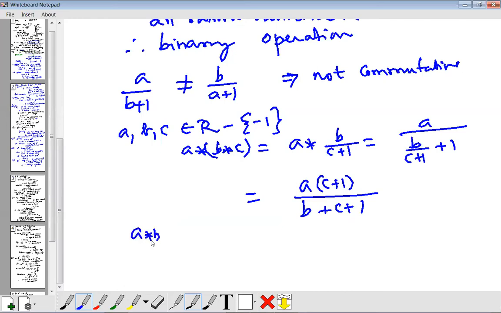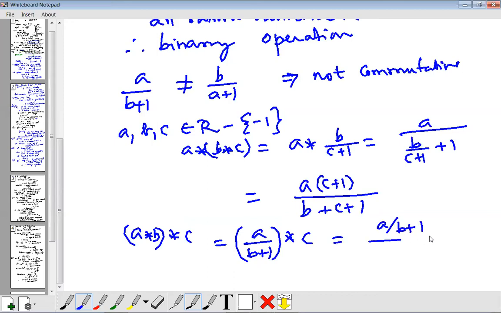Now A star B star C equal to A by B plus 1 star C. That's equal to A divided by B plus 1, divided by B plus 1, so C plus 1.